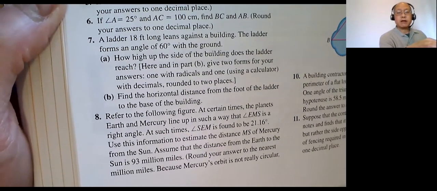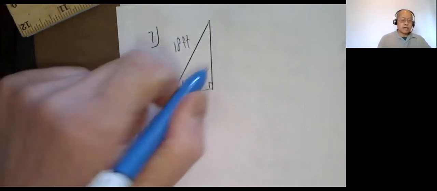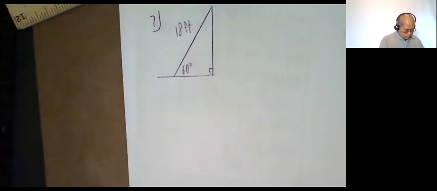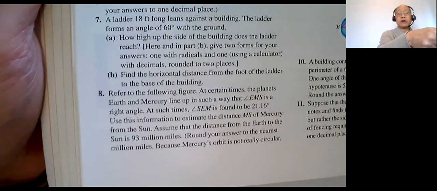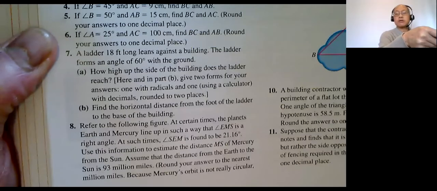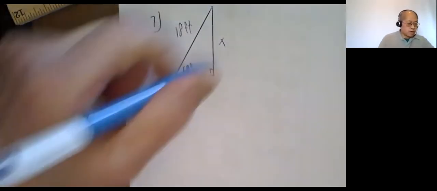The ladder forms an angle of 60 degrees with the ground. They want this distance, the vertical distance, and a horizontal distance. So 7A, how high up the side of the building? That's this thing. And part B, find the horizontal distance from the foot of the ladder to the base of the building. That's what I'm going to call Y.